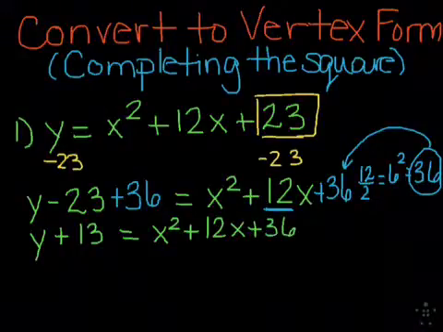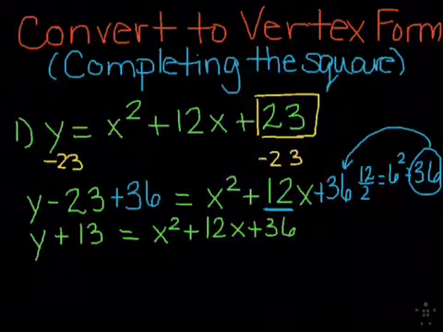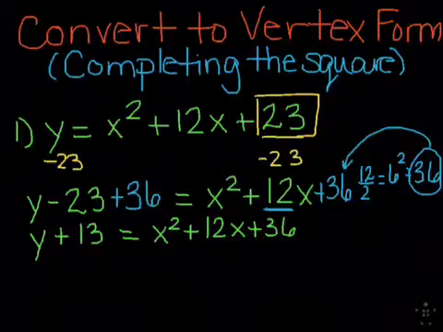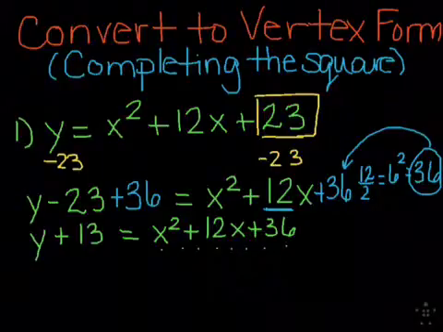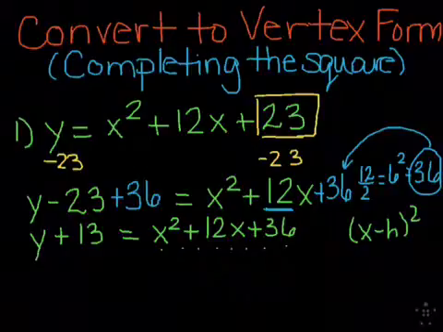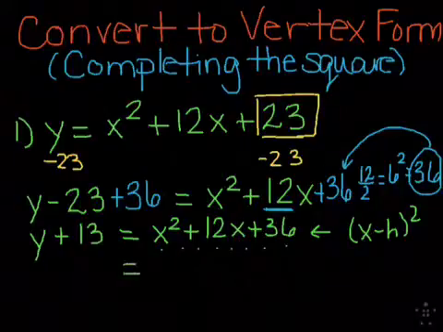Okay, this part is a little different. You may not have seen this before, which is fine. Whenever we're writing this side over here for vertex form, if you remember, vertex form is a times x minus h squared plus k, and you have that x minus h squared. We're going to make this look like that. So I have my set of parentheses.